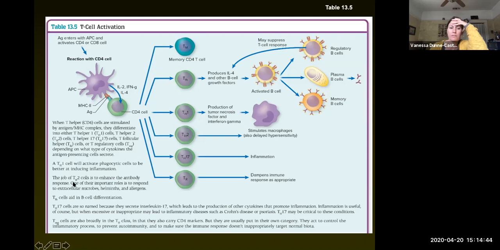Th2 is really important in helping boost antibody production. They don't actually start the process, but they can go downstream and really push B cells to make more antibodies. T helper 17 is responsible for heightening the inflammatory response, and then T regulatory cells produce interleukin 2 to help reduce or dampen the immune response.